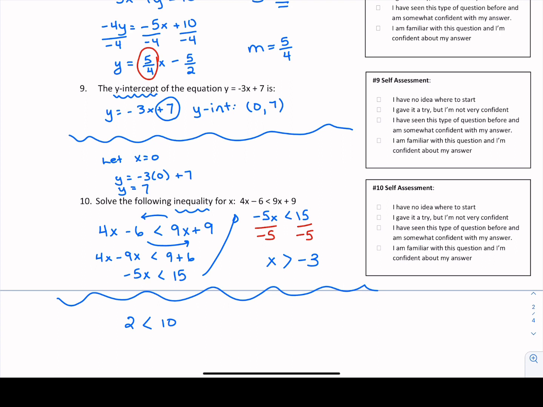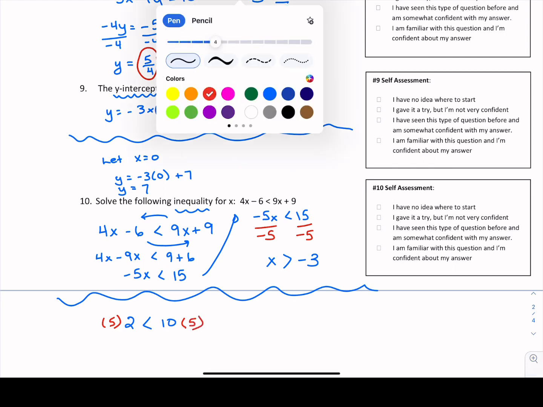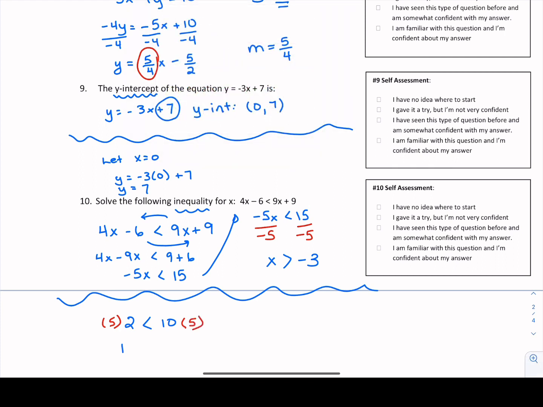If I multiply both sides, let's say by 5, just as an example, remember, whatever we do to one side, we do to the other side. What we'd end up with here, 5 times 2 is 10, and yes, that's still less than 10 times 5, which is 50. So multiplying by a positive doesn't change the result.